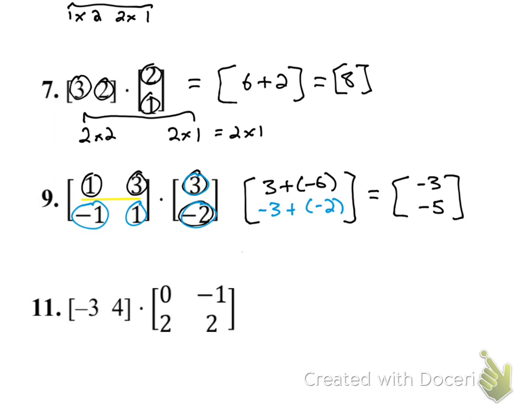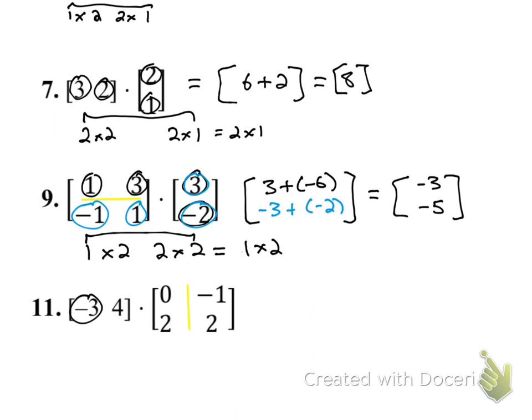11, we got 1 row, 2 columns, and a 2 by 2. So our answer will be 1 row, 2 columns. Rows by columns.